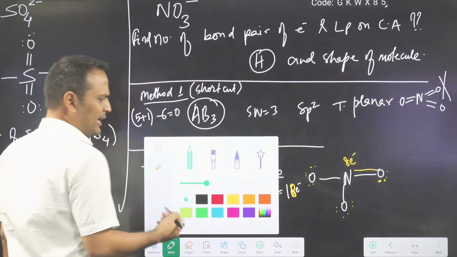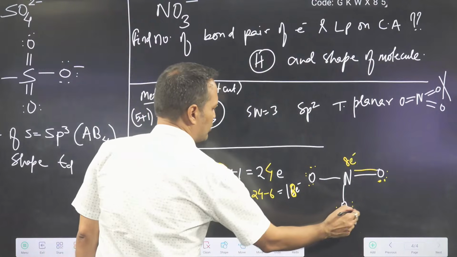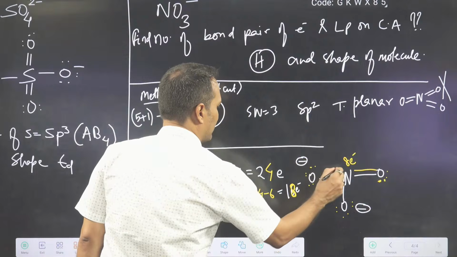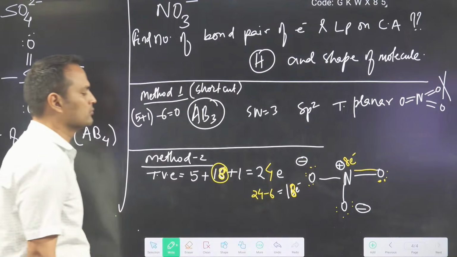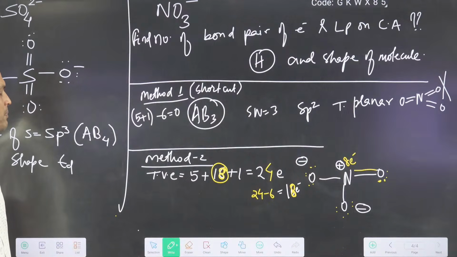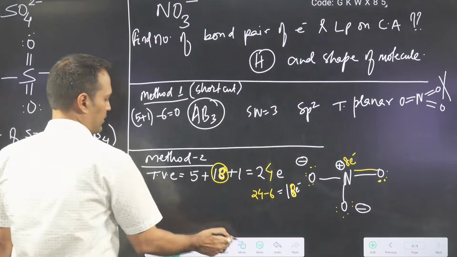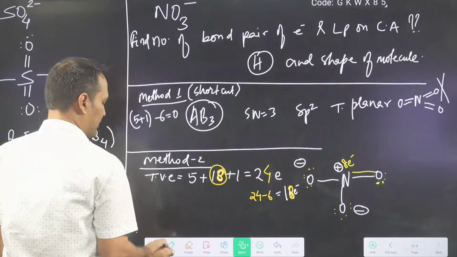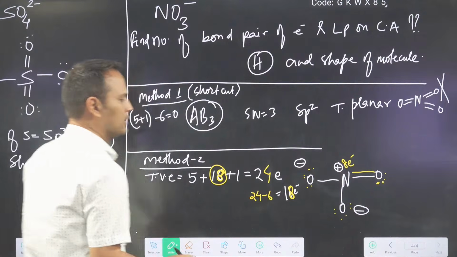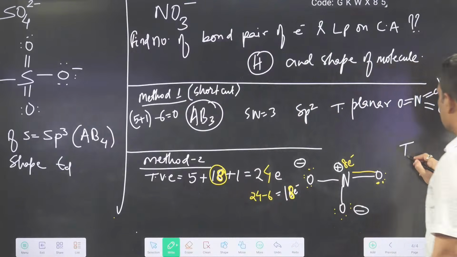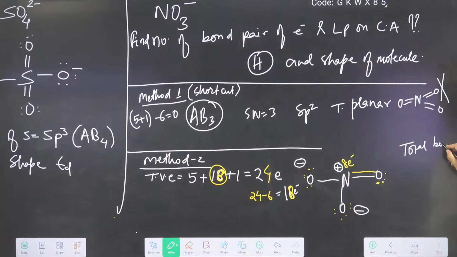Now what? You can tell all those things. You can find formal charges also. These are -1 here, -1 here, +1 here. -1, +1. And then you can tell a few points, like total bonds. Total bonds, 4. Total lone pairs also you can find.